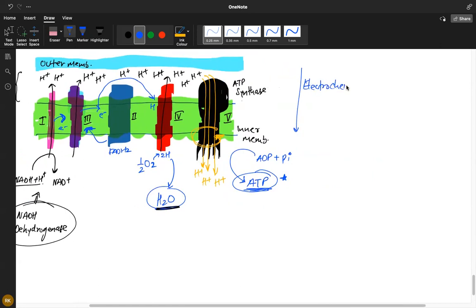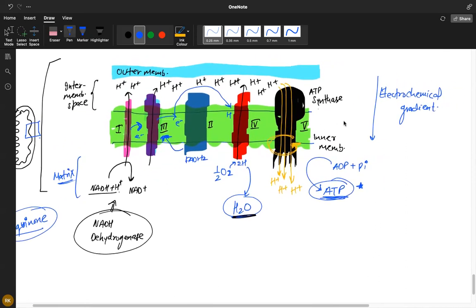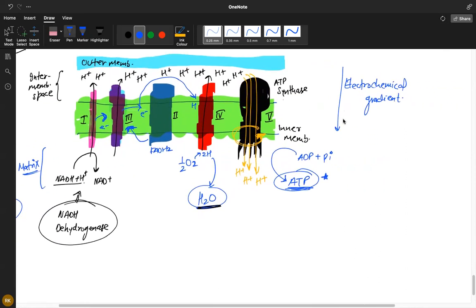Is it clear? This is the most important part of this chapter. Through this process, the cell ends up making the bulk of ATPs, around 34 to 36 ATPs are made through this process. Is that clear, everyone?